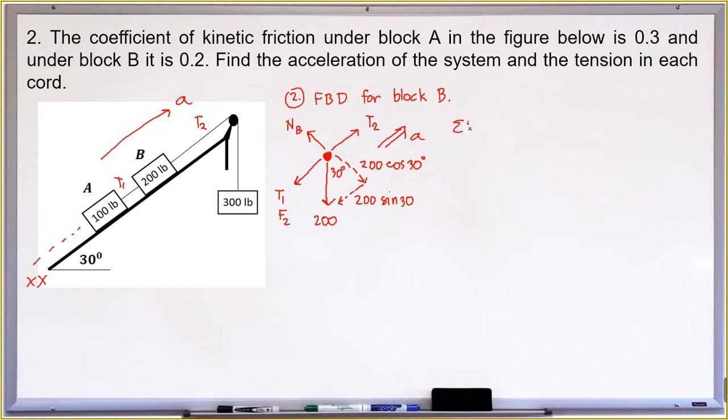So summation of forces along axis XX should be equal to the mass of block B, that is 200 over 32.2, times acceleration. A and B have the same acceleration because they are connected via this rope, which is not flexible, which is not elastic, so assume that.